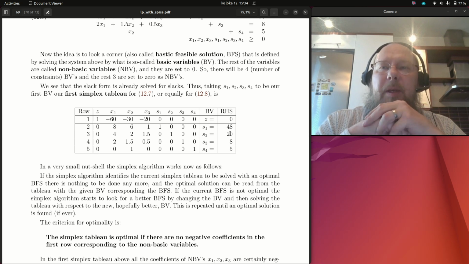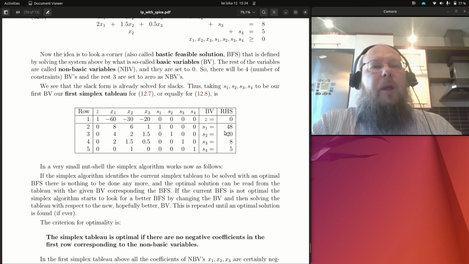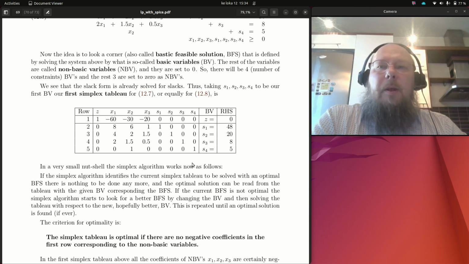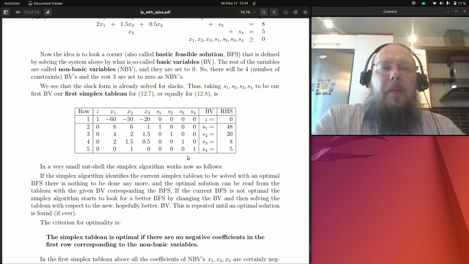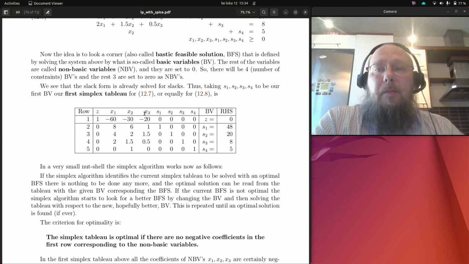Now we have our first simplex tableau. So we have to check its optimality. We have to have some way of looking whether this simplex tableau is optimal. And again, I'm not going to prove this, but it makes sense that the simplex tableau is optimal if... for example, this is not optimal because x2, x3 is 0 because it's a non-basic variable, and I have a negative coefficient here.